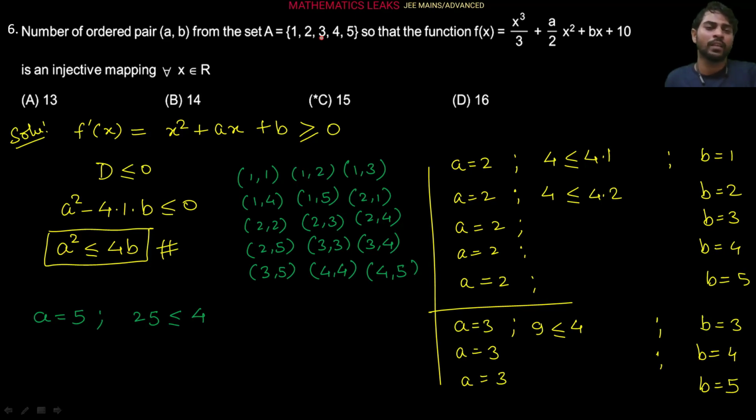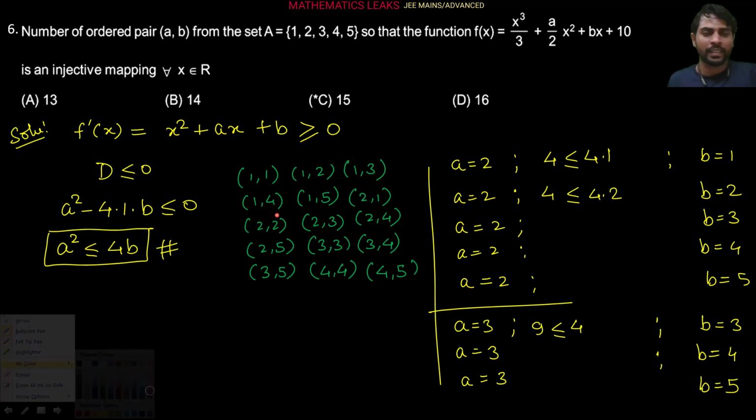Not satisfying. 3 not satisfying, 4 not satisfying. B equal to 5 gives 4 into 5, 20, which is greater than or equal to 25? Not satisfying. So if A is 5, there is no such value of B in this set for which this inequation is satisfied.